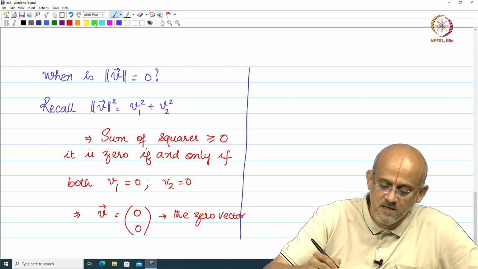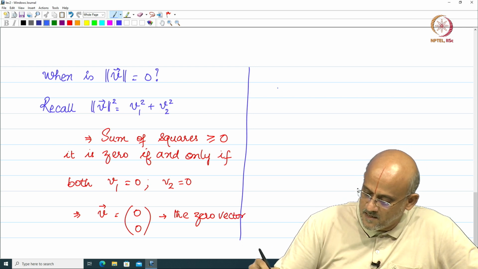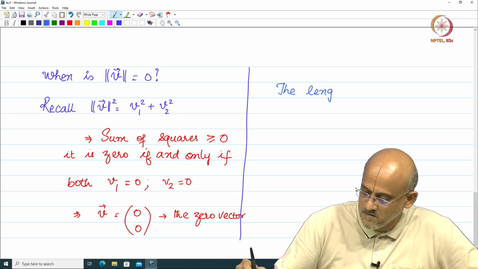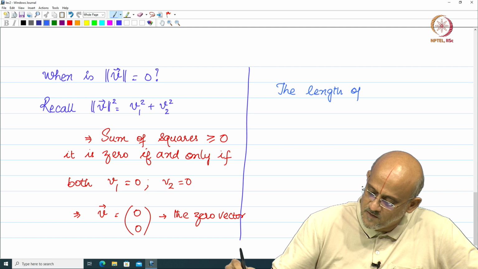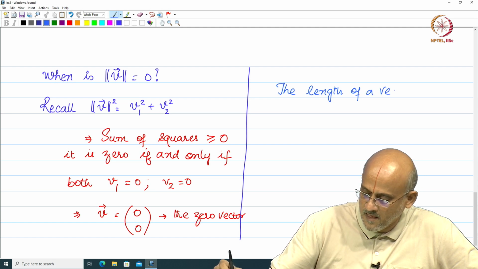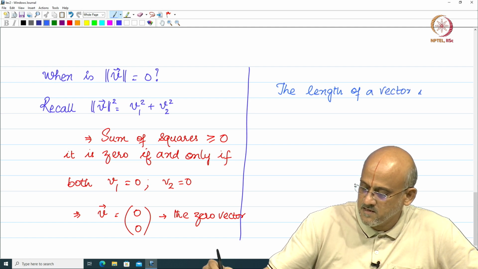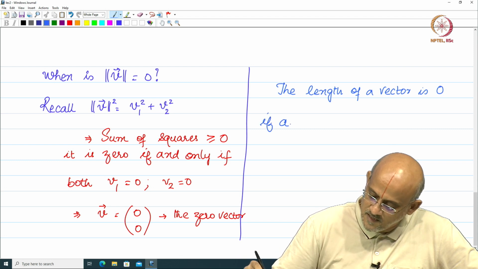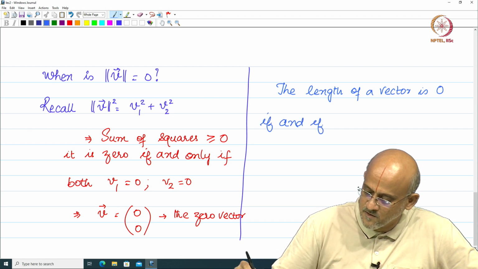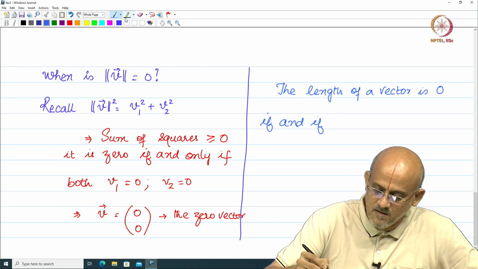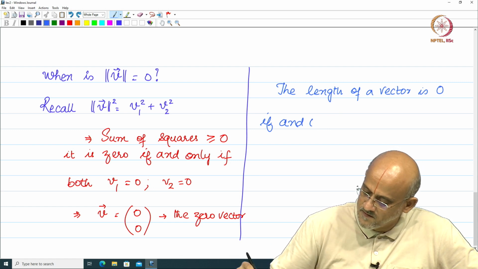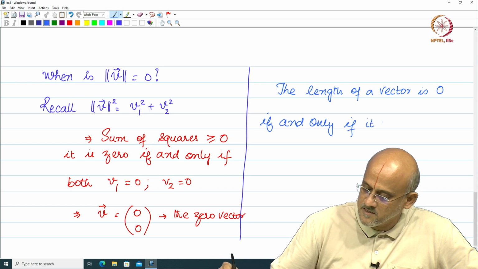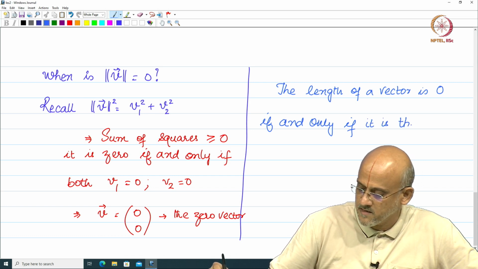So, what are we going to say? We are going to say that the length of a vector is 0 if and only if it is the 0 vector.